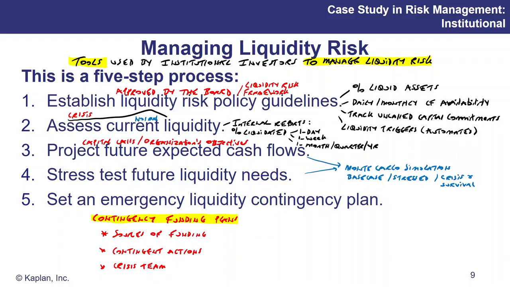Again, I mentioned that I'm a risk person, and so with risk frameworks you always start at the top with the board, and we are doing the same here, whether it's a generic risk framework or a liquidity risk framework. Start at the top, because it's the board of directors who are responsible for the overall governance and ensuring that the organization meets its objectives in the right way. So the board needs to approve the policy and the guidelines and the framework there.